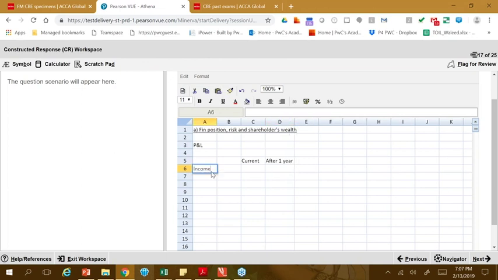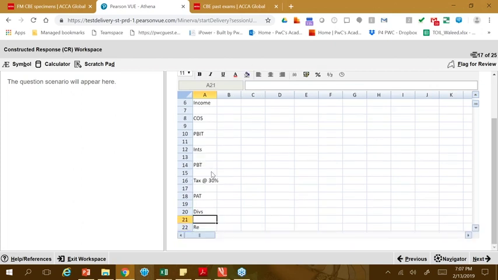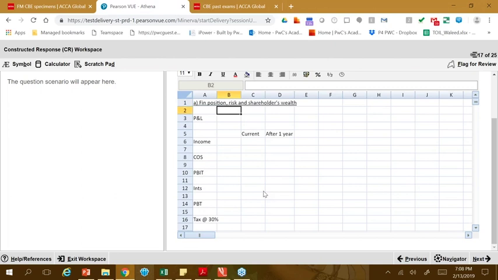We have income, we have cost of sales, we have profit before interest and tax, we have interest, profit before tax, tax at the percentage of 30%, and then profit after tax, dividends, retained earnings. The dividends, as we know, are 40%. The retained earnings will be the 60% balance. So this is the structure. I've done nothing differently. I've taken the structure from the question.